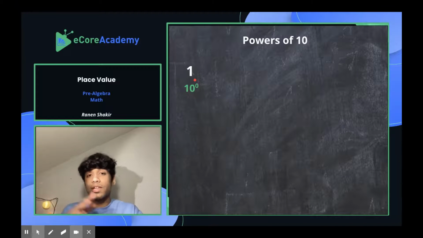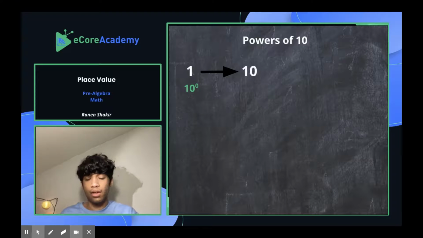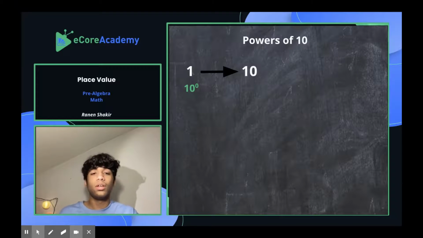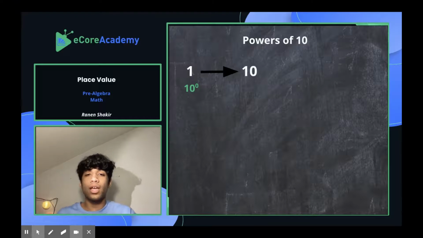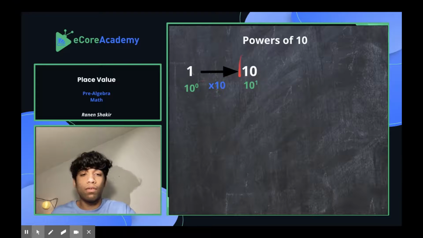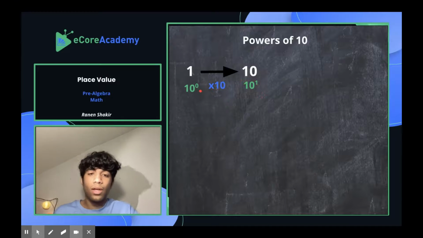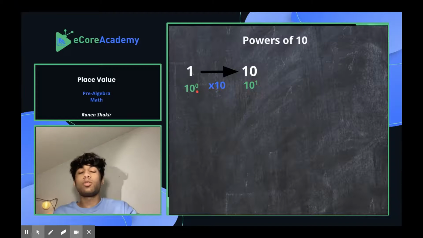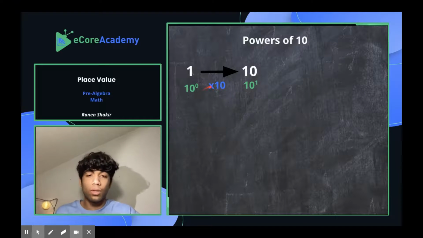So let's move on to the next place value, which is 10, one place over. In order to get from 1 to 10, you multiply by 10. So this time we give it the value of 10 to the first power. This should make sense to you. We multiply 1 by 10, 1 times 10 is 10, and our power goes up by 1.